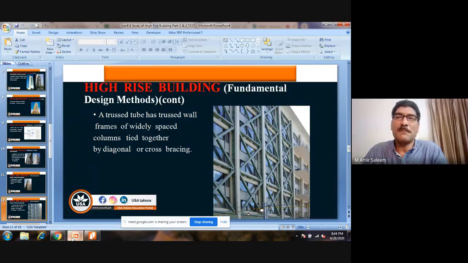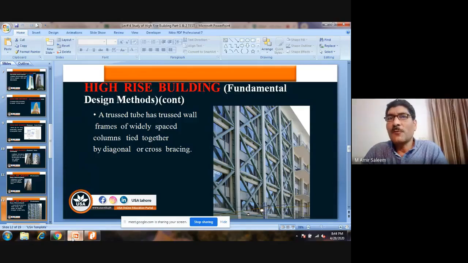long spanning system buildings. In the truss system, we tie widespread columns together by diagonal cross bracing. In ordinary systems, when we are making a shed, factory sheds, or any factory areas, we use steel trusses and make very long spans.